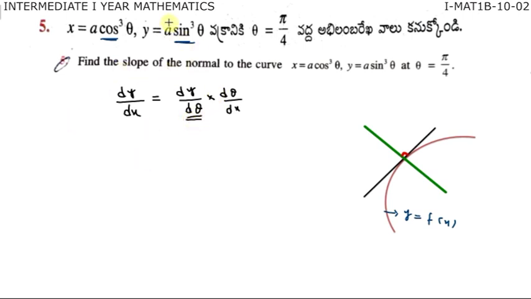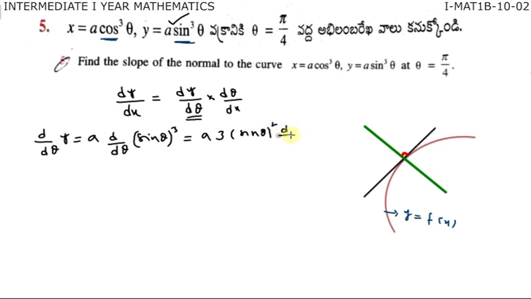For that, differentiate both sides with respect to theta. From that I will get d by d theta of y is equal to a, which is constant, into the derivative of sin theta whole cube. Now, using the power rule, this can be written as 3 into sin theta whole square into the derivative of sin theta.